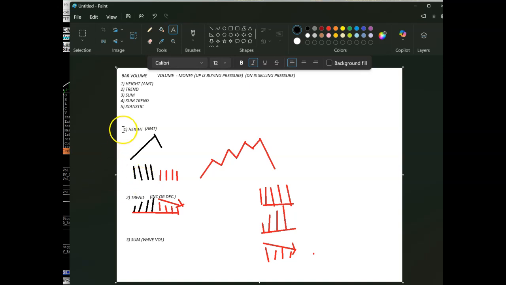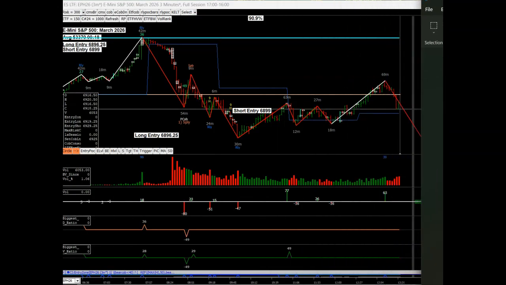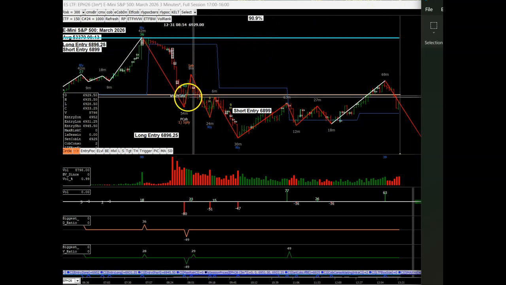So I've gone through height, I've gone through trend, I've gone through sum. Now the sum trend is the fourth. And I'll show you again why it's important: it can reveal a turn is about to happen.